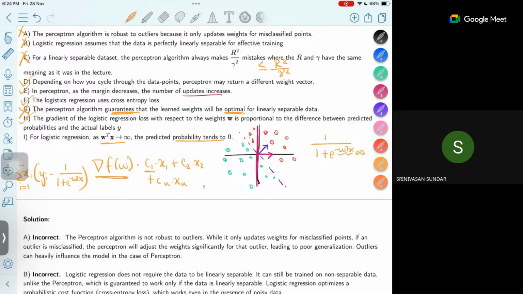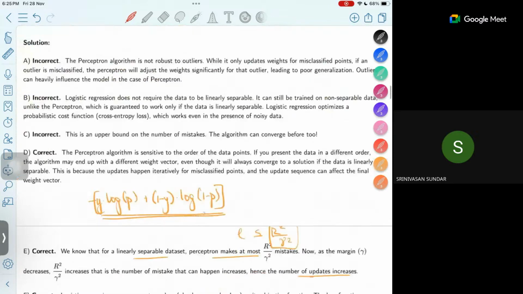But assuming you replace it under some limit, this would be 1 divided by 1 plus e power 1 by infinity, and 1 by infinity is just 0, right? So this is 1 divided by 1, which is just 1. So as w transpose x diverges to infinity, the predicted probability will tend to 1. So this is also an incorrect statement.